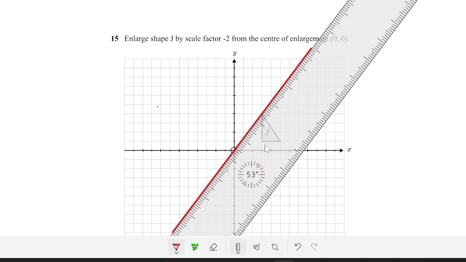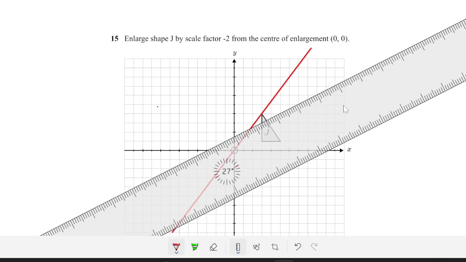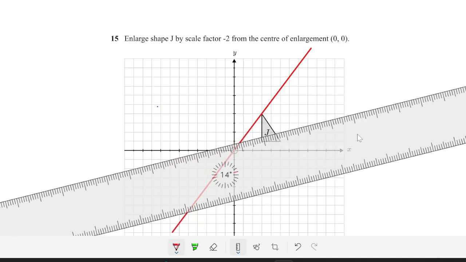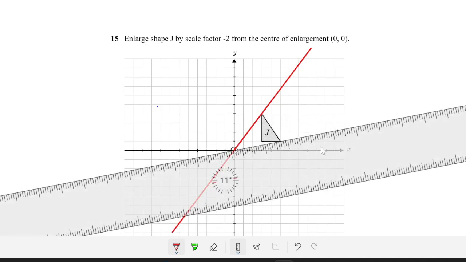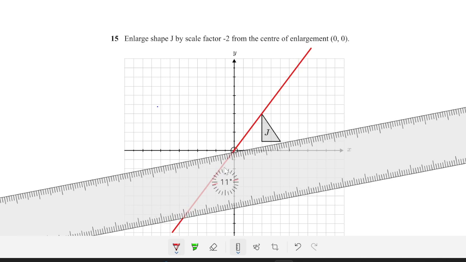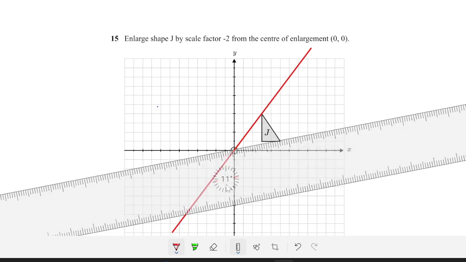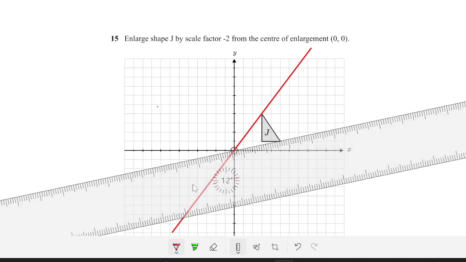I'm going to do that from one point, and also from another point, the bottom of the triangle. I can see that I'm going 5 across and 1 up. So there are 2 lines.